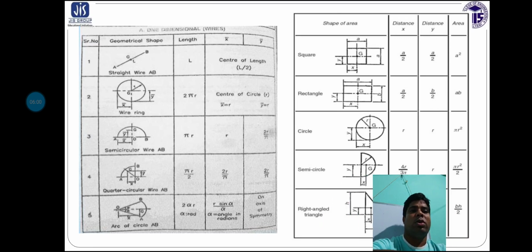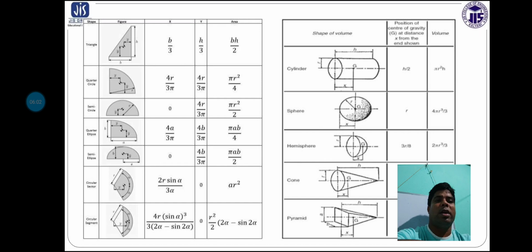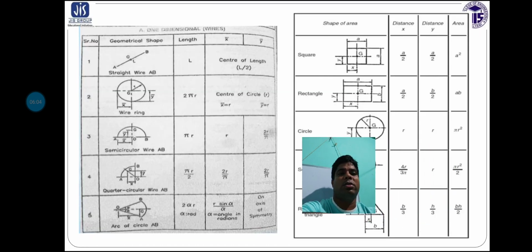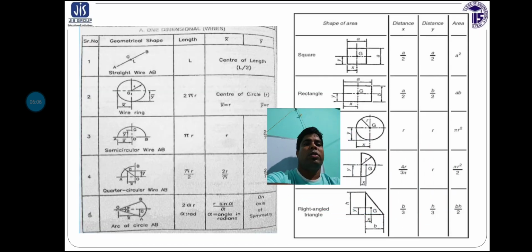So right angle triangle, if the base is b and the height is h, according to x bar, that value will be b by 3, and y bar is equal to h by 3, not h by 3, 2h by 3, and area will be half into b into h.